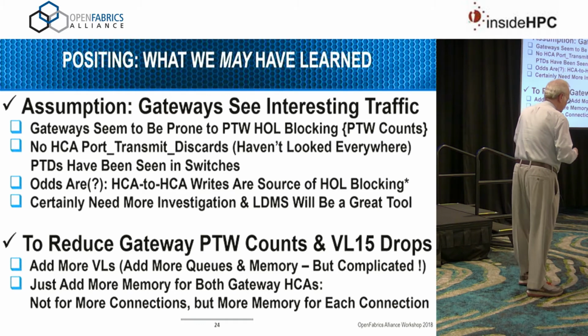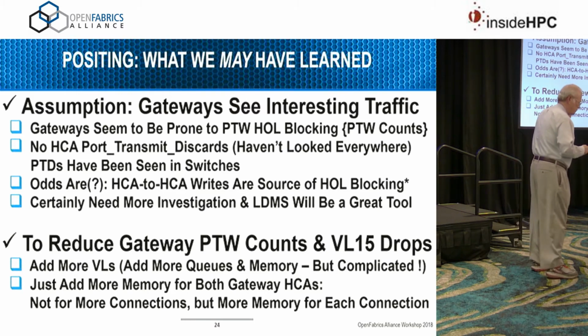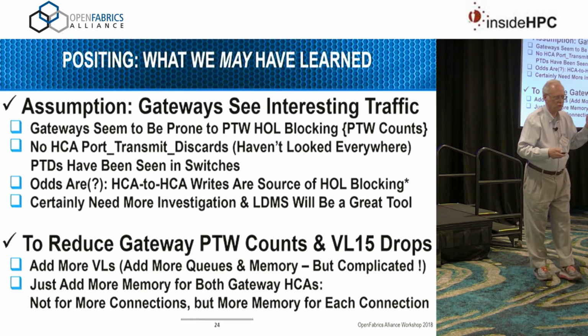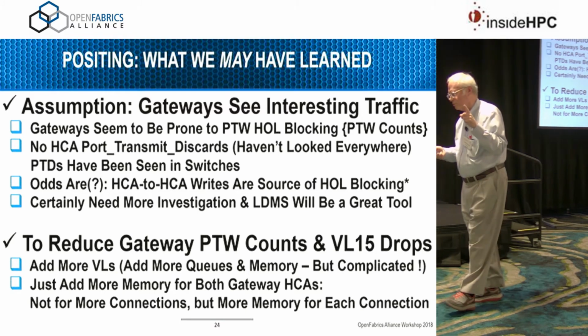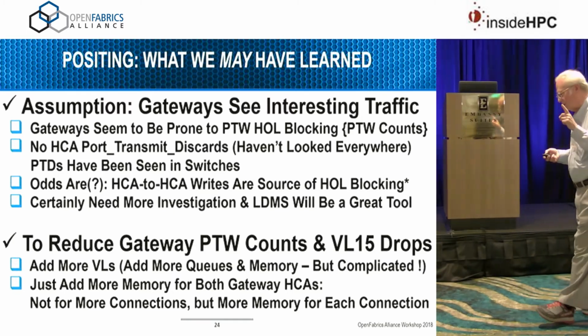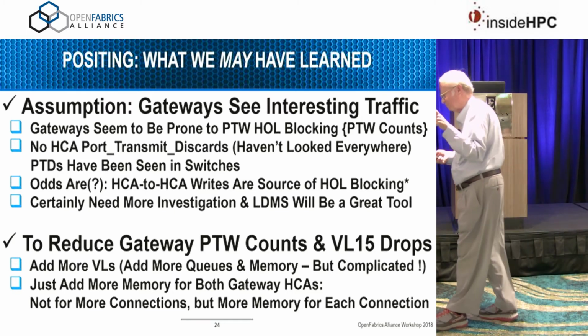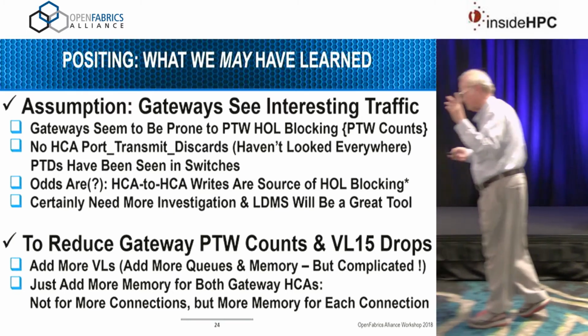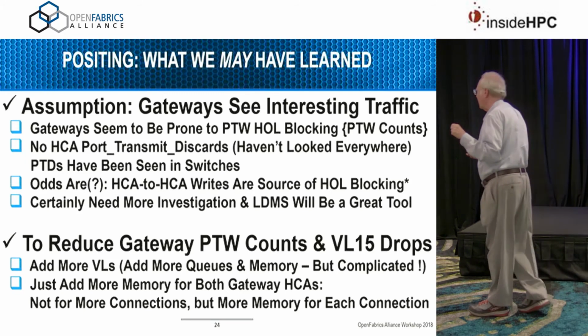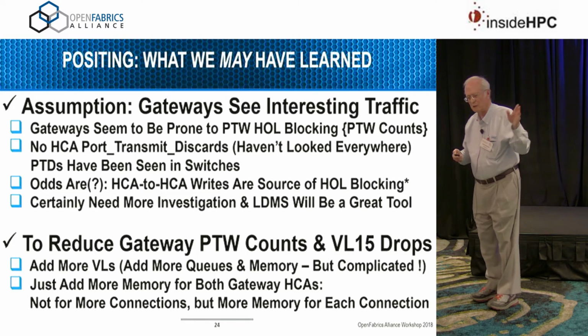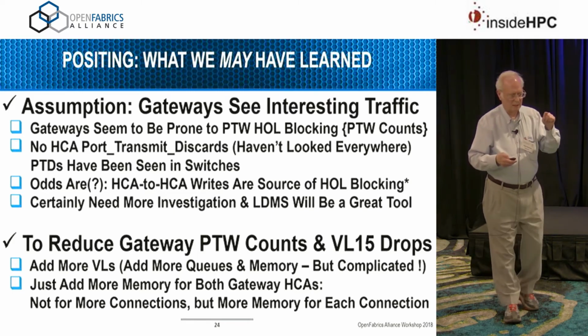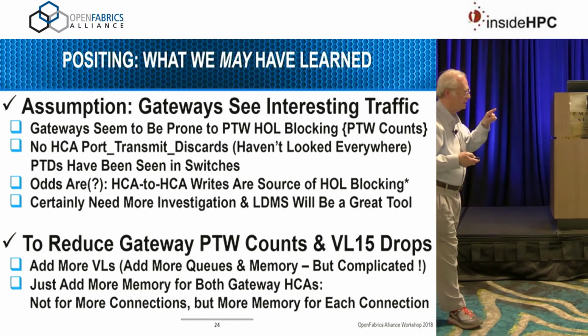And then you have the more direct, which is the port transmit wait counts, which are quite high. Note, we have not seen any port transmit drops. The next higher level severity on the switches, we have seen that captured by IBstat and Splunk in the switches.